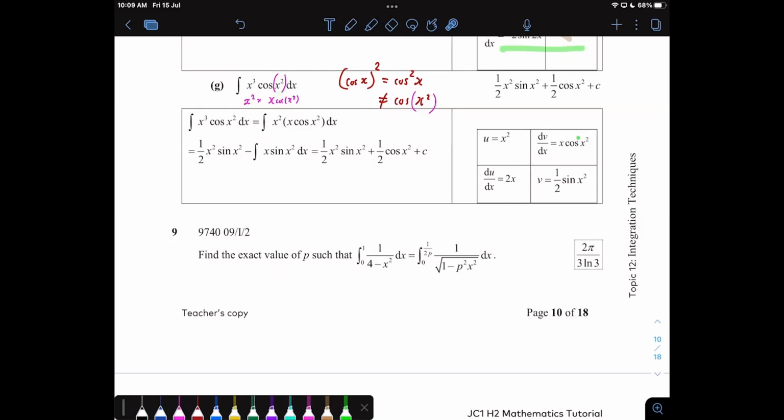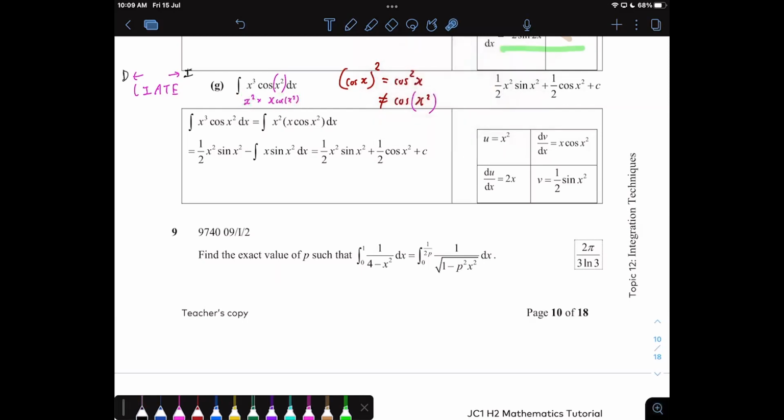Why? Because here, x square, if you pick as the algebraic, write down again, LIAT. So which one do you differentiate? Which one do you integrate? Left side should be differentiate, then right side should be integrate. Okay, good. Then you've got algebraic and this one is trigo. Actually, it's a mixture.